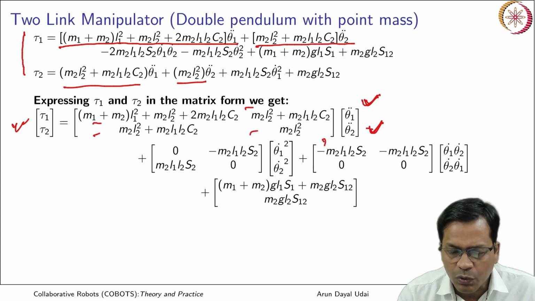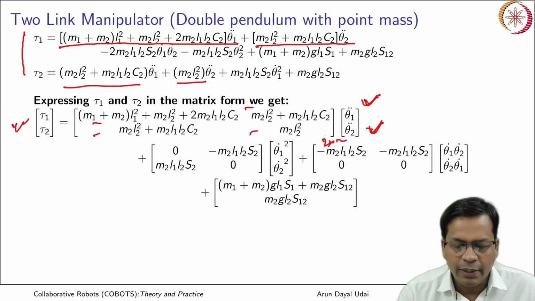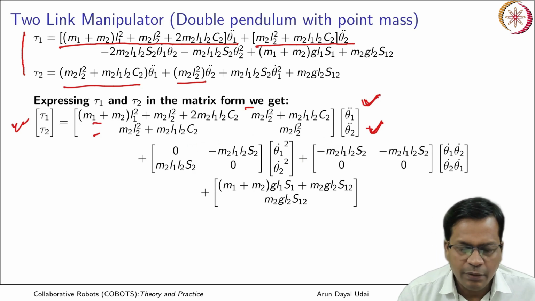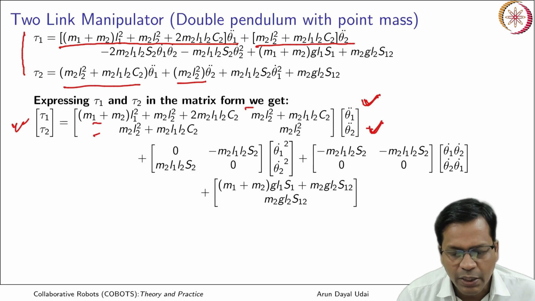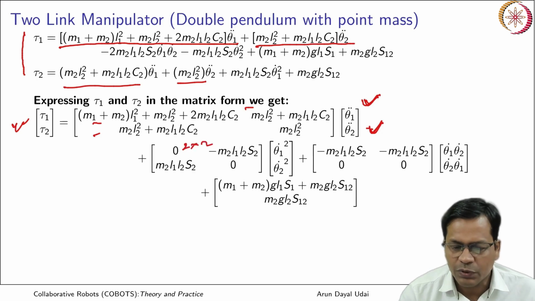So this is a 2 cross 2 matrix, and now the second term has theta 1 dot square and theta 2 dot square. Those can be packed together. All the terms which have the square of joint angle rates come here. Again you will get a 2 cross 2 matrix which is here.